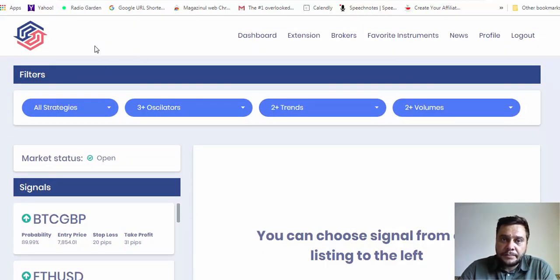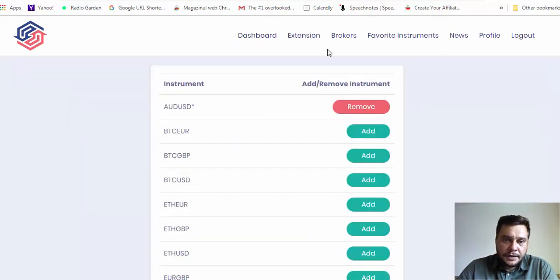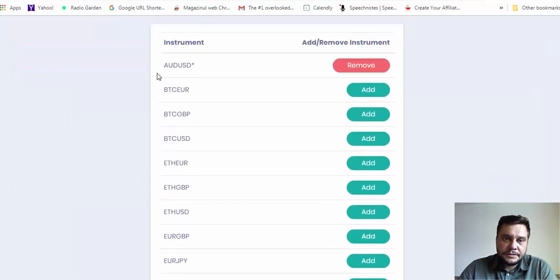Let's have a quick recap. We have these buttons here: dashboard, extension, where you will find the extension if you haven't downloaded it, and the brokers which are connected to your FxCoinBot. Then favorite instruments, where are all the instruments that you can trade.